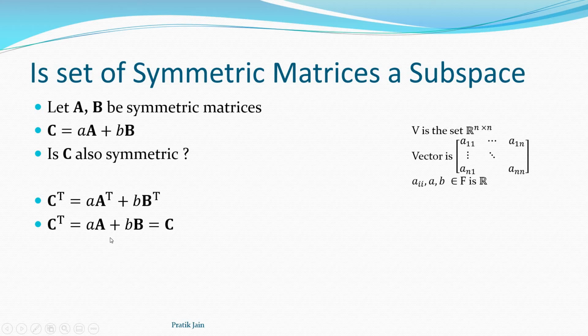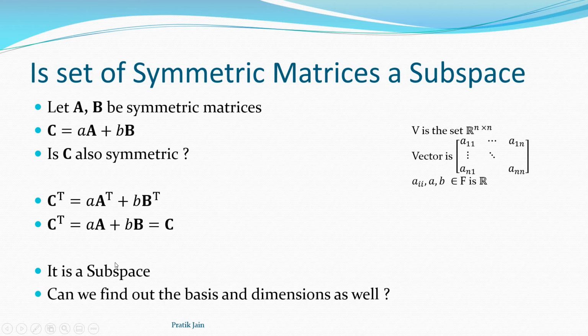So we can see that C transpose equals C. That proves that C is a symmetric matrix. And yes, it is a subspace. So the set of all symmetric matrices is a subspace.